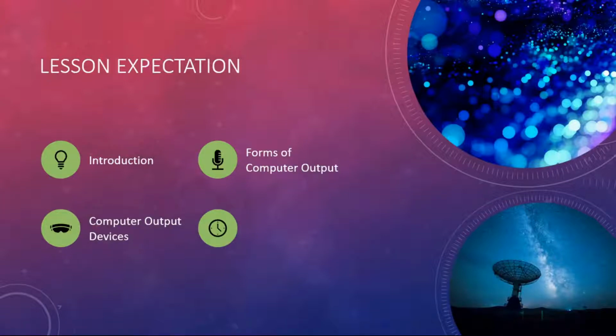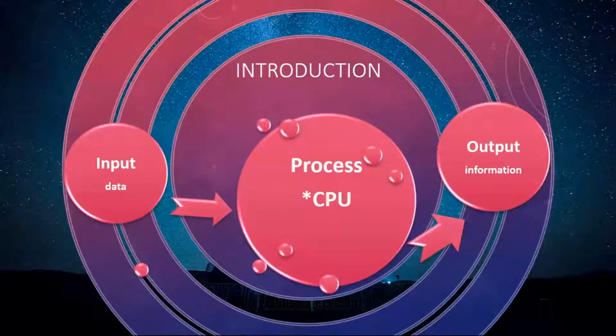Looking at the introduction, remember as we explained for the input devices, all of these devices emerge from the process through which data undergoes to become information. If we need to get information, we have to collect data.